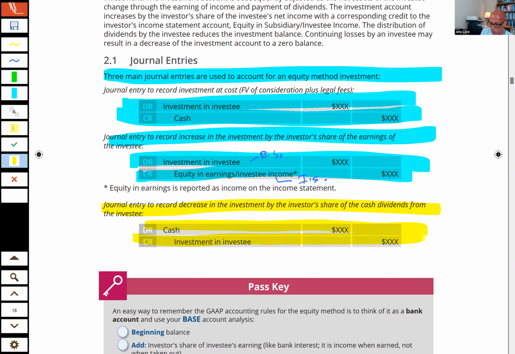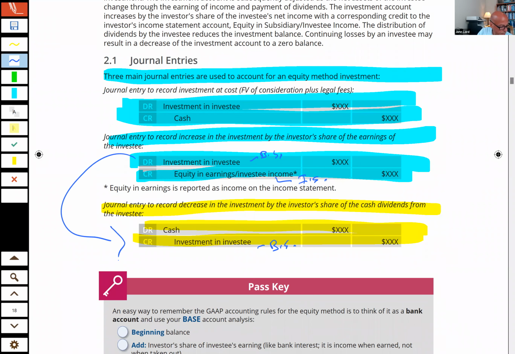So if the dividend was 10,000 and you own 25% of the stock, you would debit cash 2,500 and credit investment in investee. Obviously cash is on the balance sheet, and the investment in investee is also on the balance sheet.